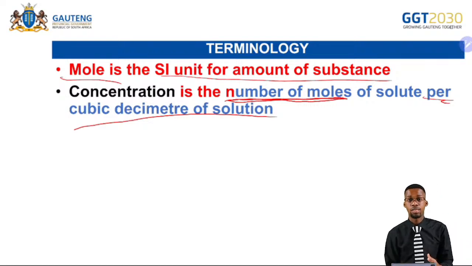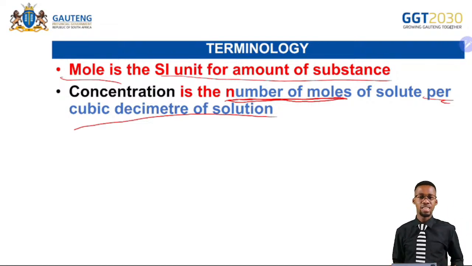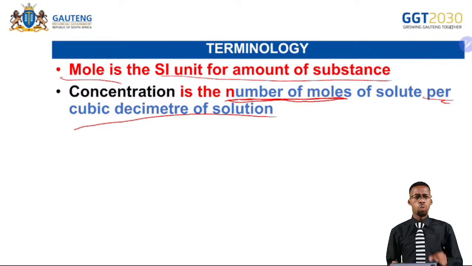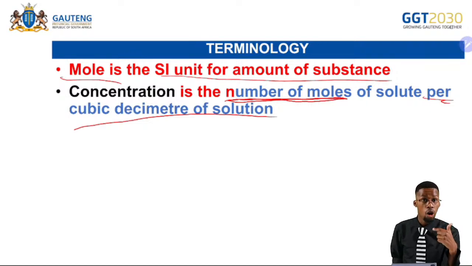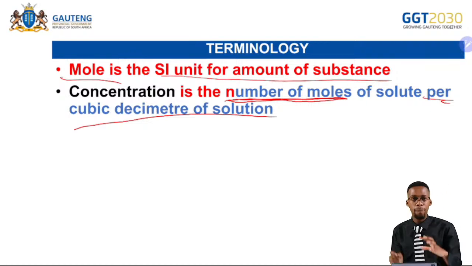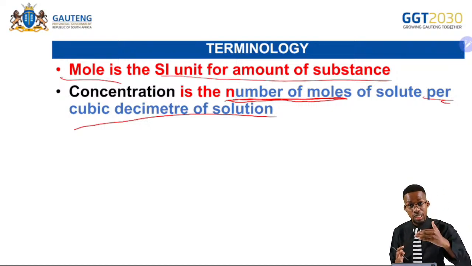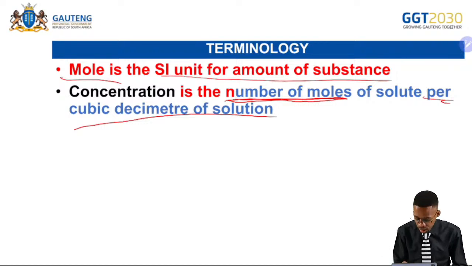I'm enjoying what I'm saying because we need to understand this statement. It is telling us the number of moles per cubic decimeter of solution. So when we define concentration, it means the number of moles of solute per, which means divide, cubic decimeter of solution, which is the volume. So concentration is the number of moles of solute divided by the volume.